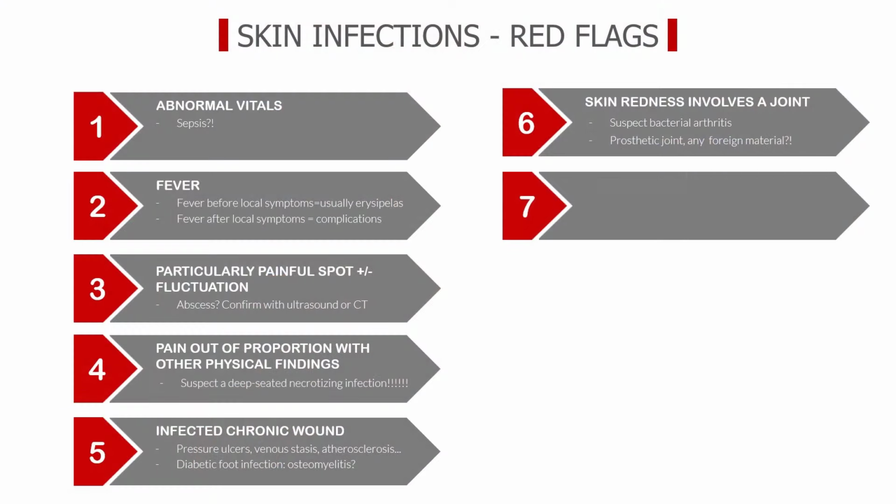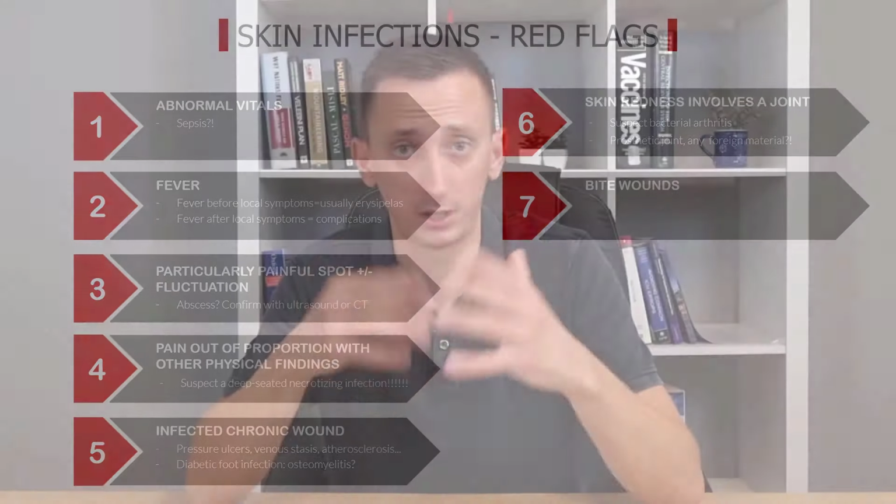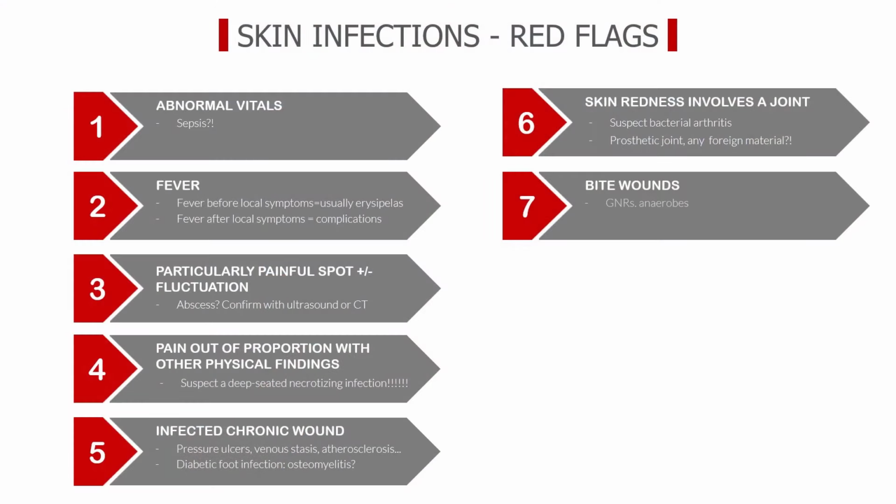And finally, I would like to discuss a couple more scenarios where you will use broader spectrum antibiotics and perhaps call a surgeon. I already mentioned chronic wounds, but bite wounds as well. If your patient got bitten by a human, a cat, a dog, a raccoon, or whatever, you will need to cover Streptococcus species and Staphylococcus aureus, of course, just like always, but you will also have to cover gram-negative rods and anaerobes that reside in the biter's mouth, right?